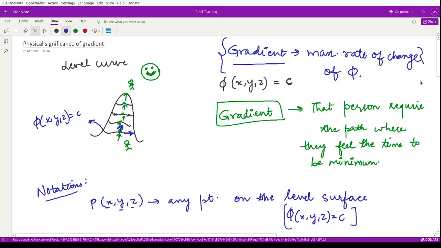So if some person knows mathematics and models the mountain as some scalar point function, and then calculates the level curve, and then calculates the gradient of the function phi, they exactly know in what direction they have to move by knowing this del phi, and that is all they require.